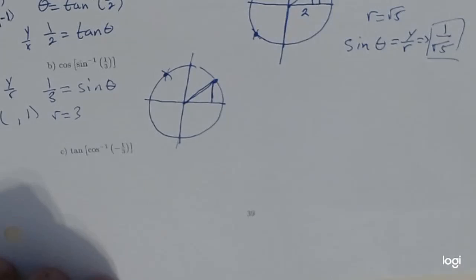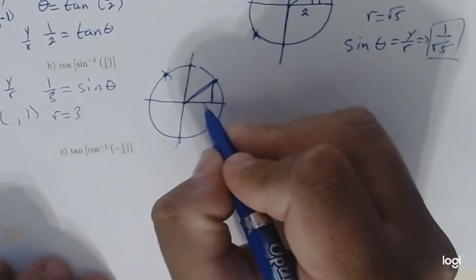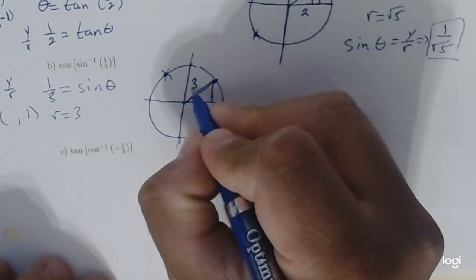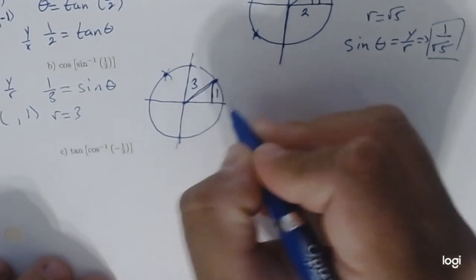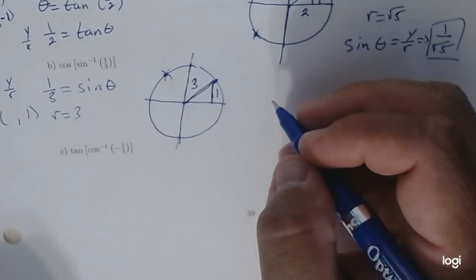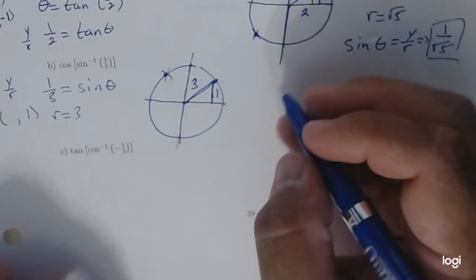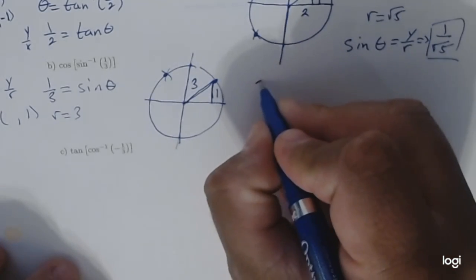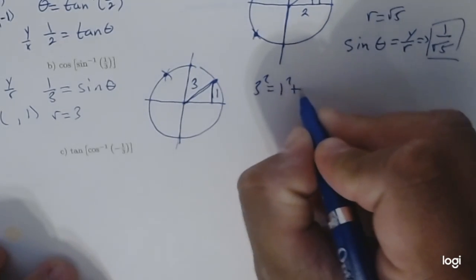Now that we have that, we have r is 3 and y is 1, and I just use Pythagoras' theorem going backwards. So 3 squared is equal to 1 squared plus x squared.